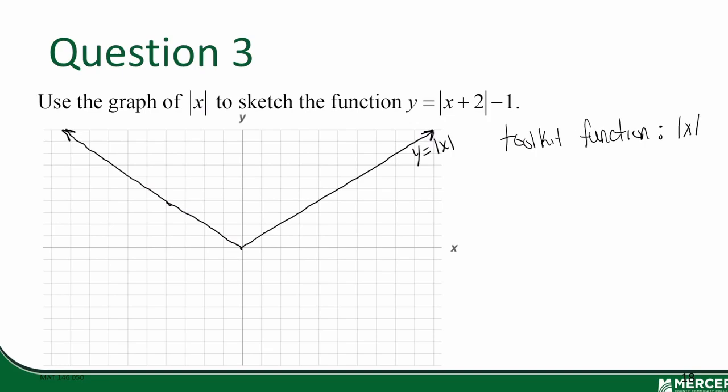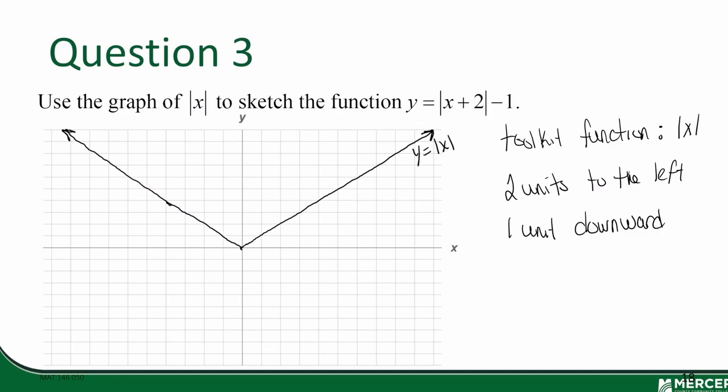Okay. Identify the toolkit function, and then identify the transformations on it. Just going to the left 2 and then down 1.